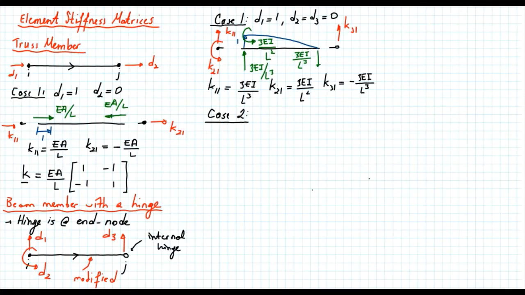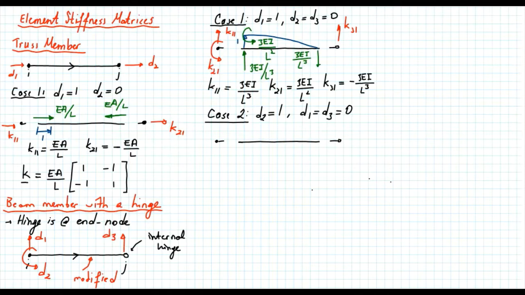So D2 is equal to 1. This time we are giving a unit rotation, while we are keeping D1 and D3 equal to 0. Node, member, node, I have a hinge here.